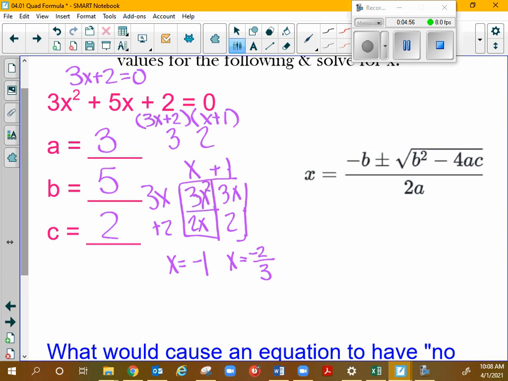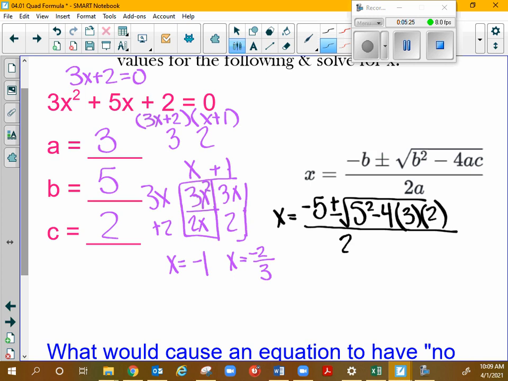Negative b. Well, what's my b value? 5. So what's negative b? Negative 5. So negative 5 plus or minus the square root of b squared, so 5 squared, minus 4 times a, which is 3, times c, which is 2, all over 2 times a, which is 3.